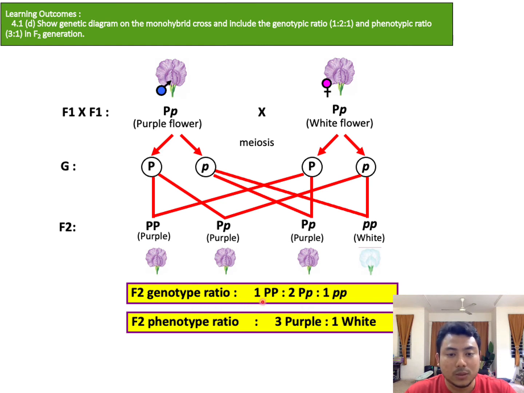Maksudnya the genotype 1 with P besar P besar, 2 with P heterozygous, and 1 with homozygous recessive. So this is the typical ratio for F2 generation, 1 to 2 to 1 in a monohybrid cross. And the phenotype ratio pula is 3 to 1. Why 3 to 1? Because we have 3 purples and only 1 white.